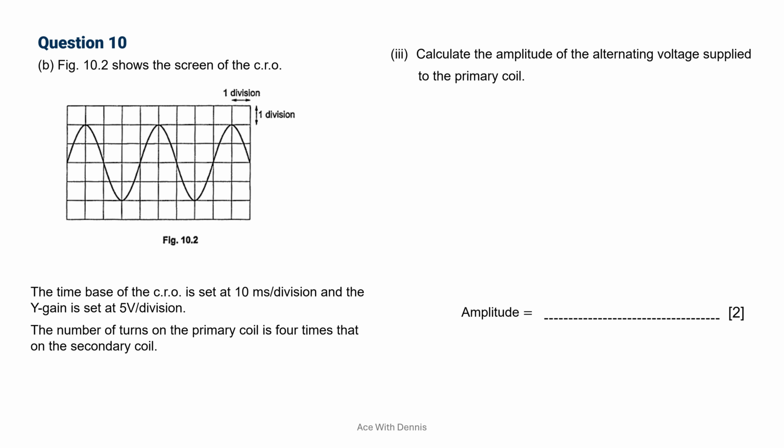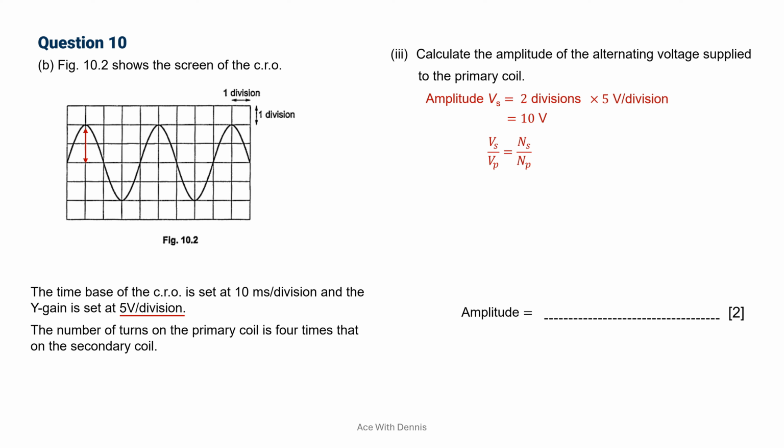Of course, we will start with figure 10.2. So from figure 10.2, we can find the amplitude of Vs, which takes 2 divisions, and the setting is 5 volts per division. Hence, 2 divisions multiplied by 5 volts per division, we get the amplitude of the secondary voltage as 10 volts. Okay, but don't stop here.